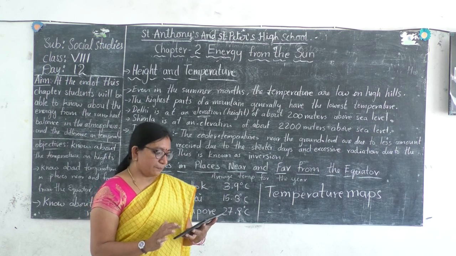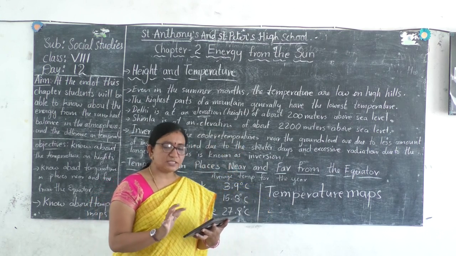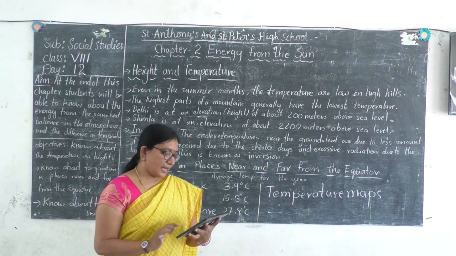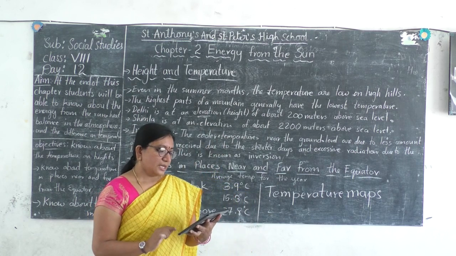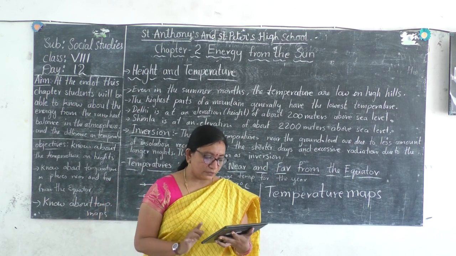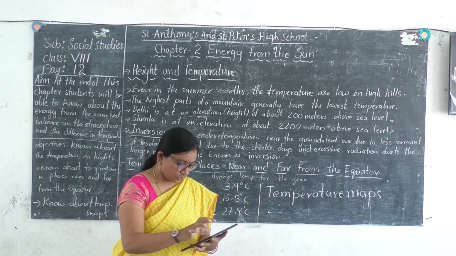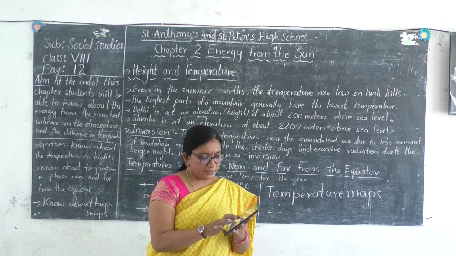This average temperature is the average of the maximum and minimum temperature for the month. In this map, India has been divided into different sections, each marked with a different color. You can see here, I'll show you how it can be measured.